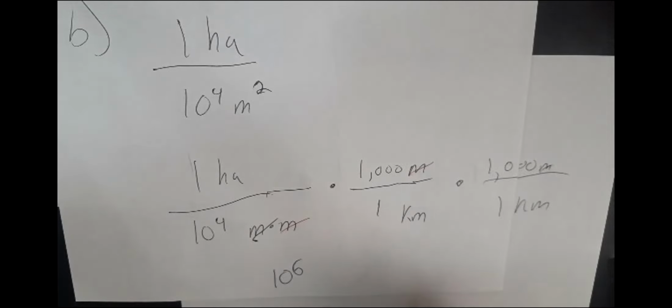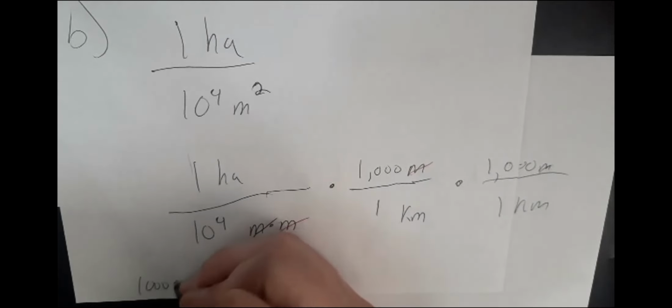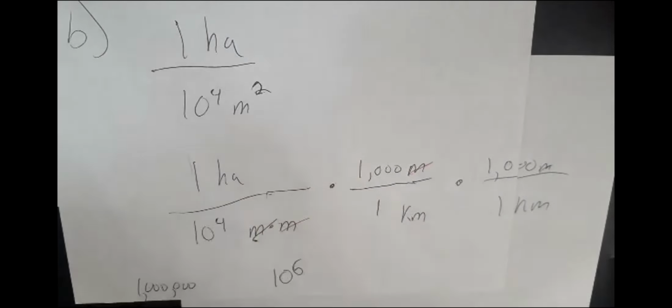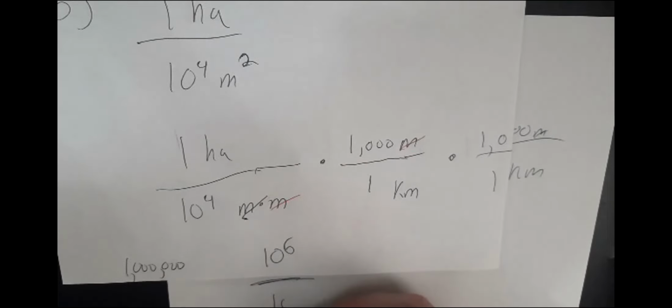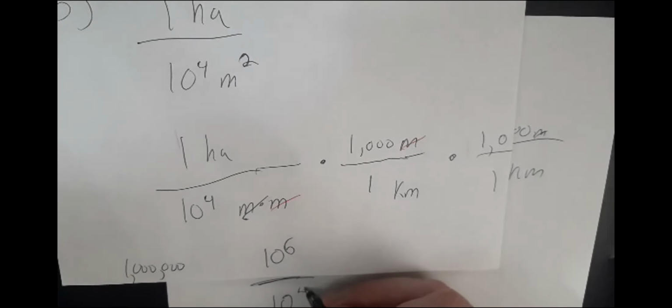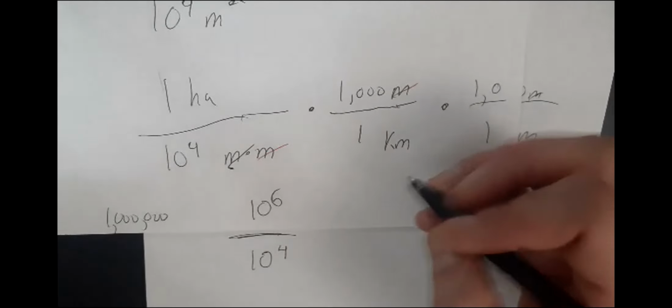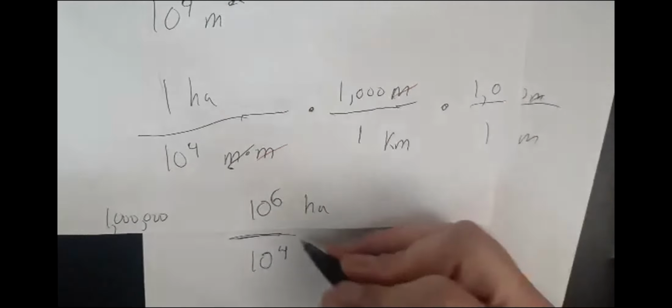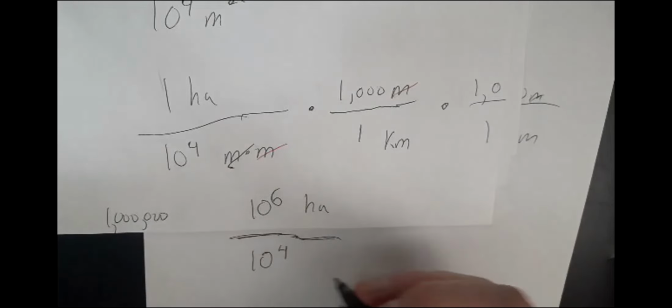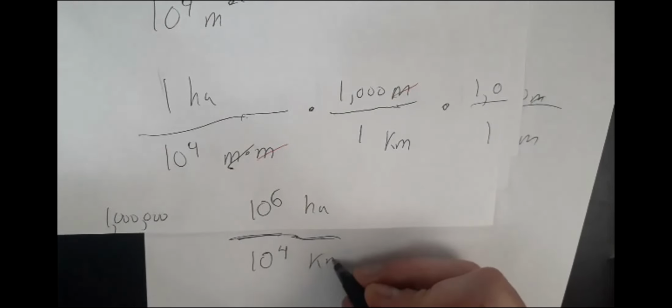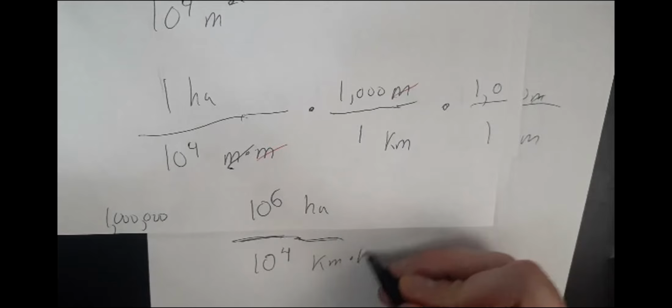You could write it out as a million, but I'd rather see 10 to the power of 6. And this goes over 10 to the power of 4, which was on the bottom, and on the bottom it is kilometers by kilometers, or kilometers squared.